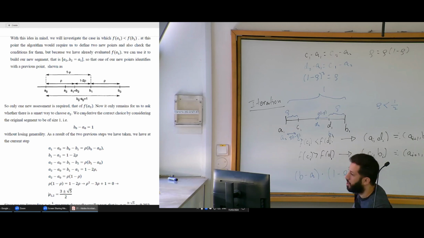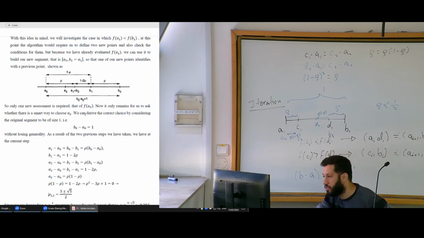If you remember, the golden section is 1 plus or minus square root of 5. So this is 1 over 1 minus rho.